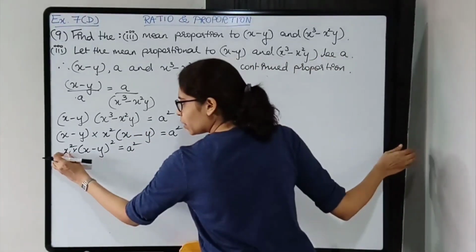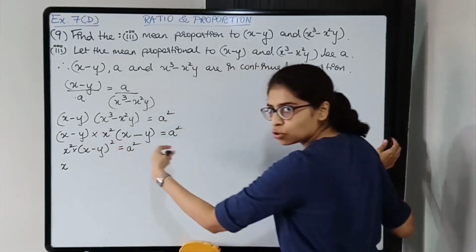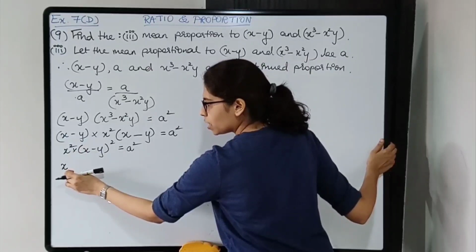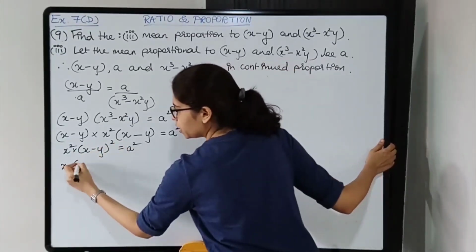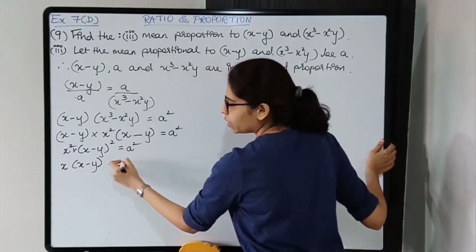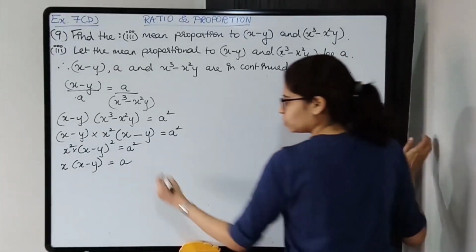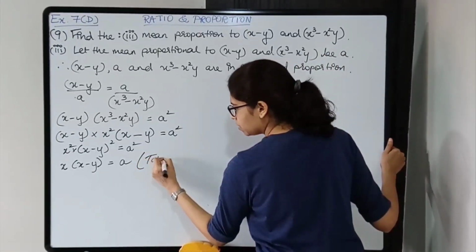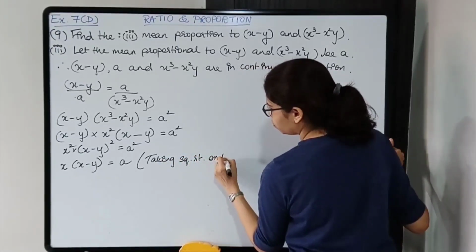So x square का square root x हो जाएगा. x minus y the whole का square, square हट जाएगा, so you are left with x minus y equal to A square है, तो square root लेके A. Right? So give the reason: taking square root on both the sides.